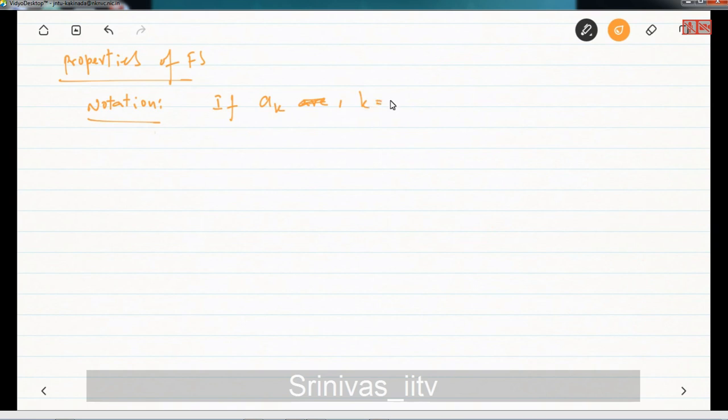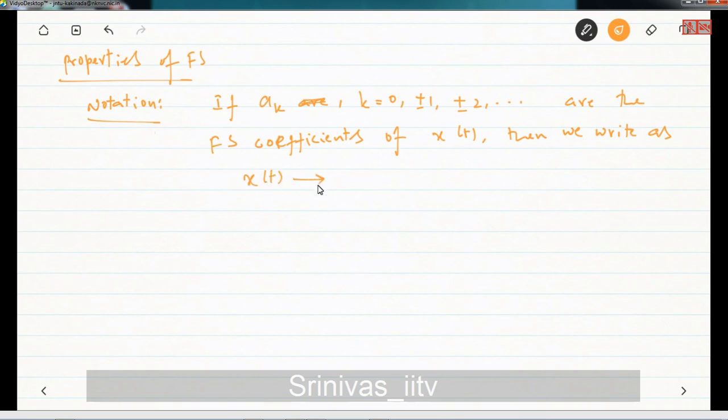If the Fourier series coefficients ak, for k equal to 0, plus or minus 1, plus or minus 2 and so on, are found for x of t, then we write x of t double arrow Fourier series ak.